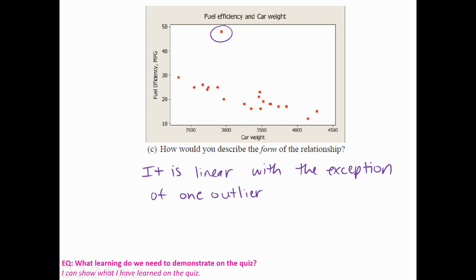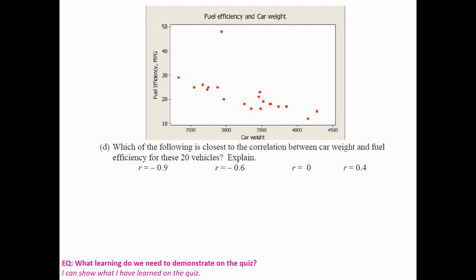Awesome. Next one. All right, part D. Which of the following is closest to the correlation of car weight and fuel efficiency for these 20 vehicles, and explain? So we already mentioned that the association was negative, so we definitely would not choose one of the positive numbers.